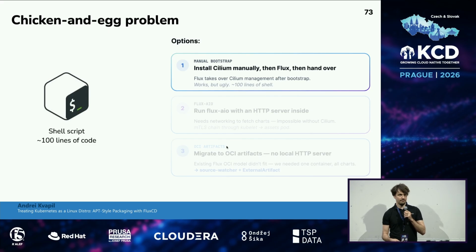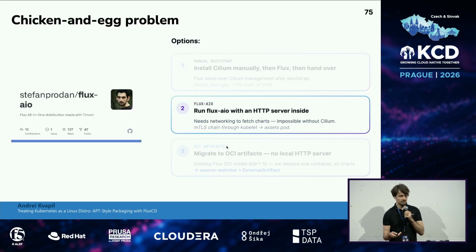We wanted a more native option, and we found the Flux all-in-one project. It's Stefan's project. Stefan is a core maintainer of FluxCD. Probably for his home lab purposes, he built this option because he also wanted to install the CNI before Flux.